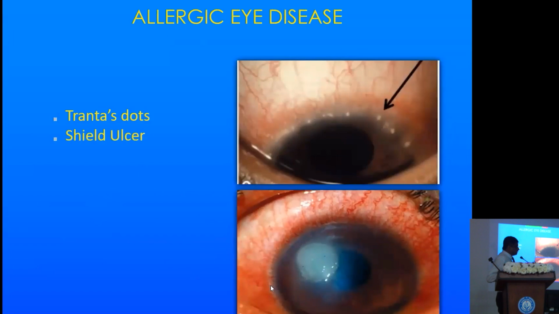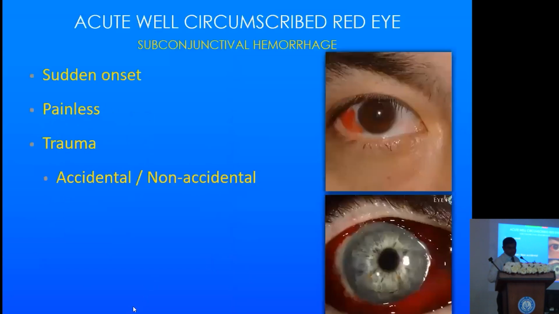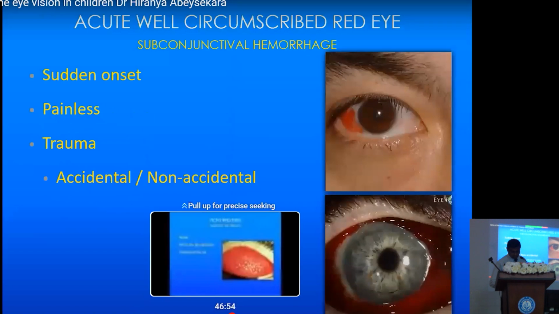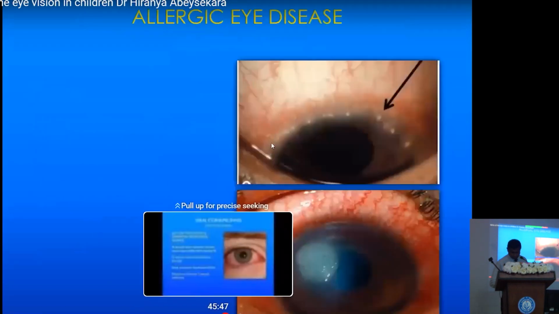So this is a sort of corneal ulcer, but it's sterile. It's called a shield ulcer because it's a reaction to the allergic reaction in the ocular surface, and it's a reaction to rubbing as well, because these children keep on rubbing, so the ocular surface gets damaged.